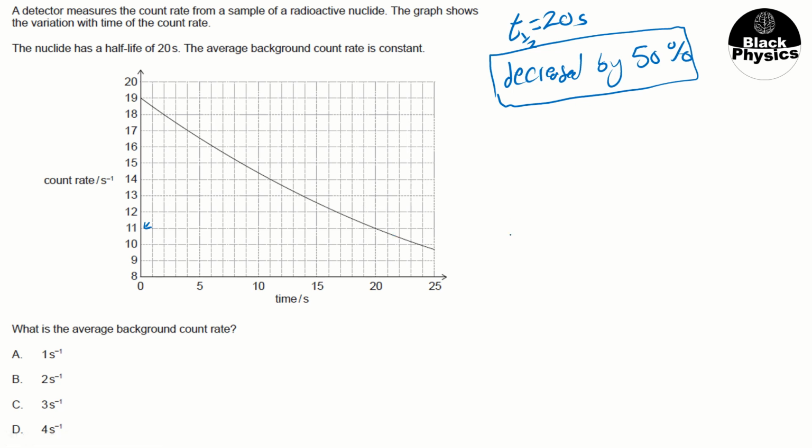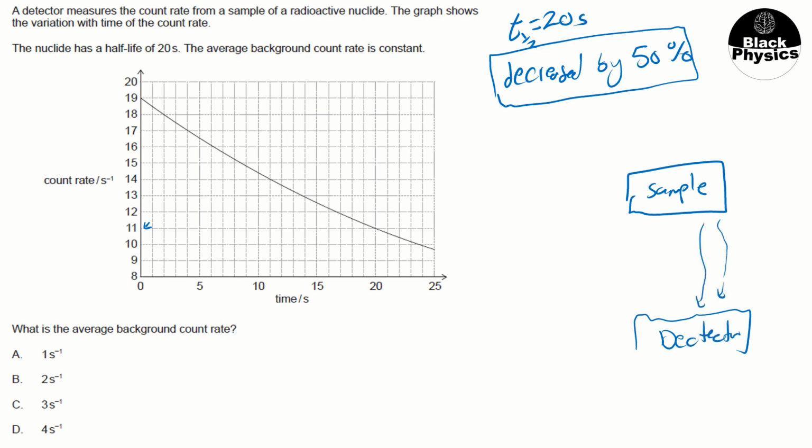What's background activity? Imagine you have a sample. This is a sample under spot. And you have your detector somewhere over here. The sample is emitting its radiation and the detector collects the data and we do the analysis and draw the graphs.